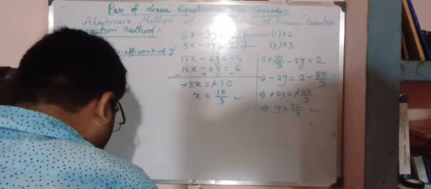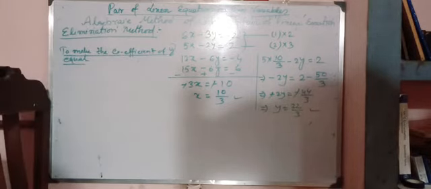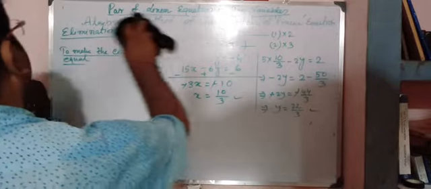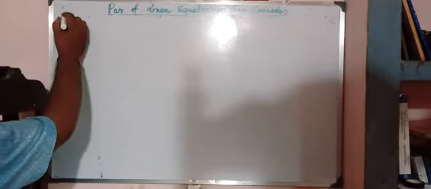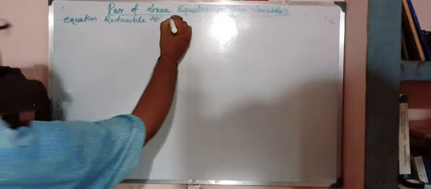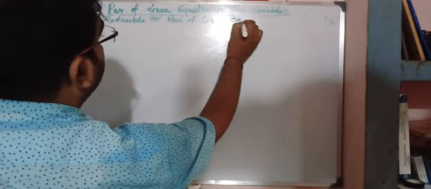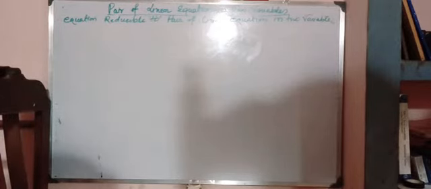Next, we also have equations reducible to a pair of linear equations in two variables.